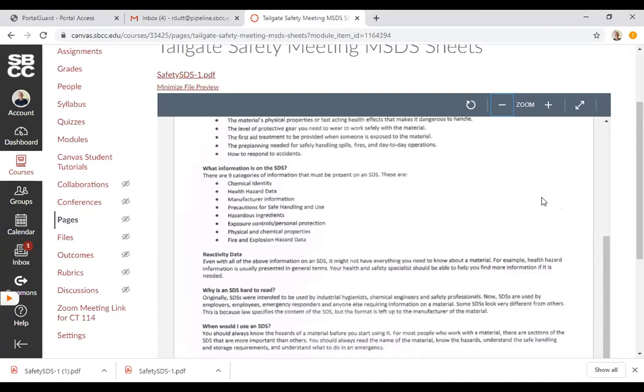Now, SDSs are used by employers, emergency responders, and anyone else requiring information on a material. Some SDSs look very different from others. This is because the law specifies the content of the SDS, but the format is left up to the manufacturer of the material. Okay, Donna, finish this out.